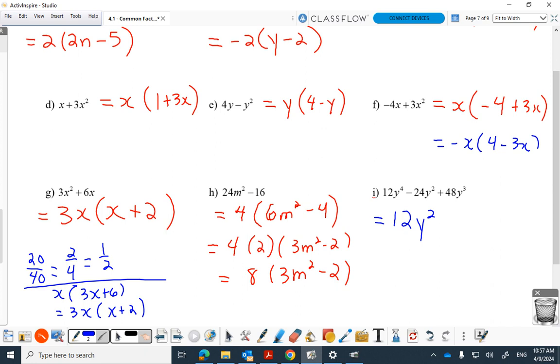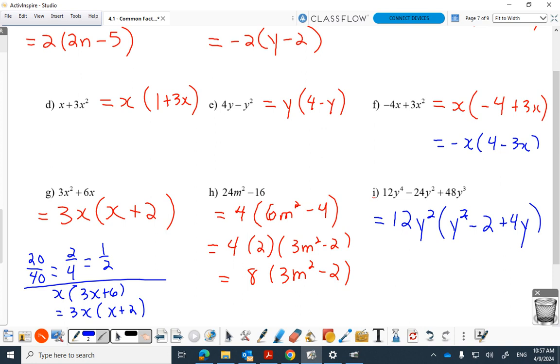Then, this is the first one I'm going to try and pressure you into using division to get these. 12y fourth divided by 12y squared, 12s are gone, I get y squared. Negative 24y squared, divide by 12y squared, I get negative 2. And 48y cubed divided by 12y squared, I get a 4y.